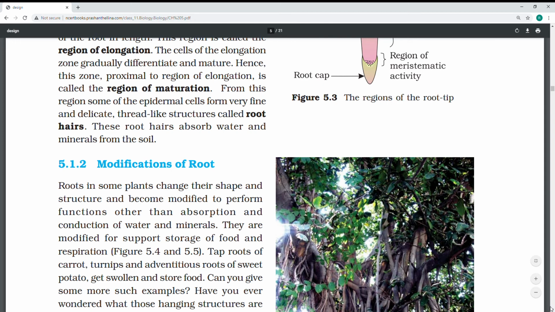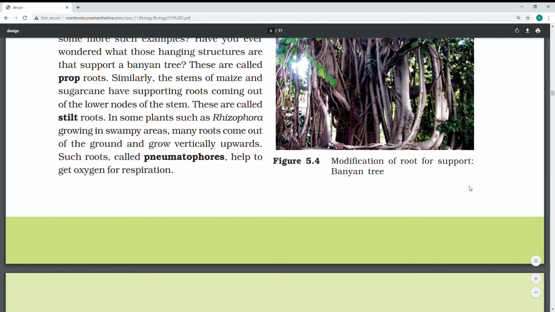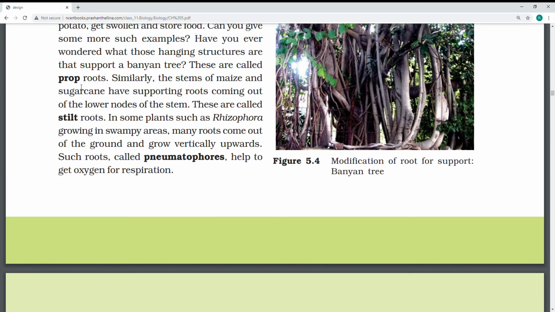If you see the banyan tree, it is big. First it is normal, at that time it is a taproot. Slowly, when it is getting big, the roots which come from the branches are called prop roots, the name itself. These structures are hanging.